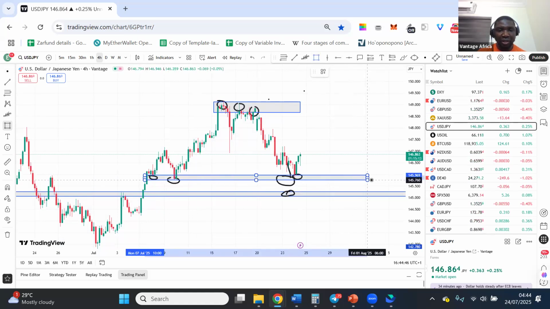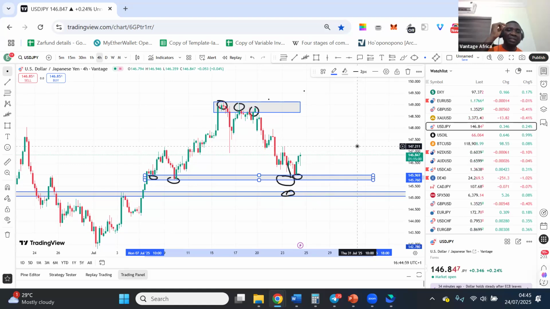Once you connect them, that gives you a support. So for a resistance, identify swing highs and connect them together; identify swing lows and connect them together. That gives you a support and a resistance.